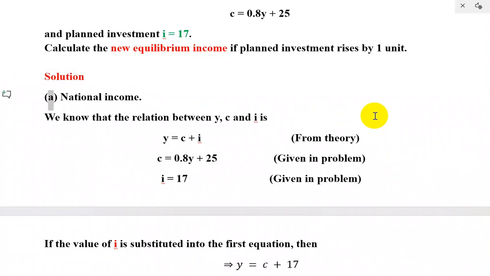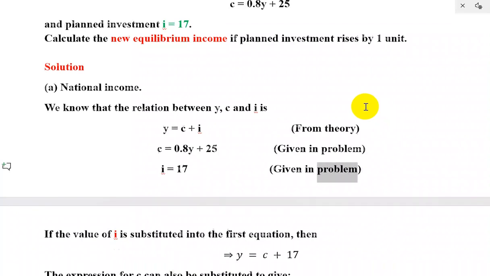Solution. A. National income. We know that the relation between Y, C, and I is Y equals C plus I, from theory. C equals 0.8Y plus 25, given in the problem. I equals 17, given in the problem.